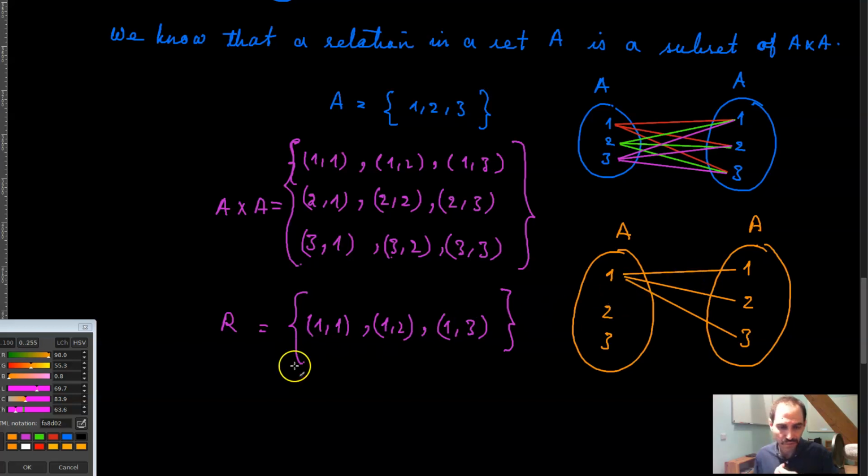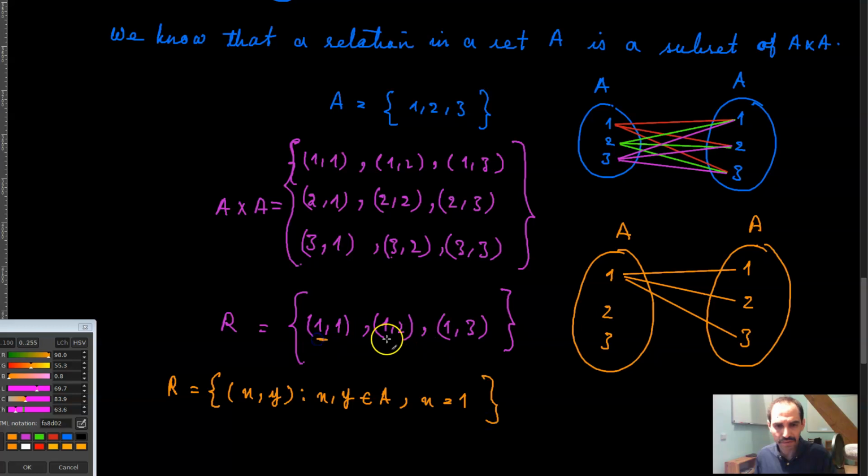It can be characterized by some rule. For example, you can say that R is the set of all ordered pairs (x, y) such that x and y belong to the set A and x is equal to 1, because over here x is always equal to 1, and you will get this set.